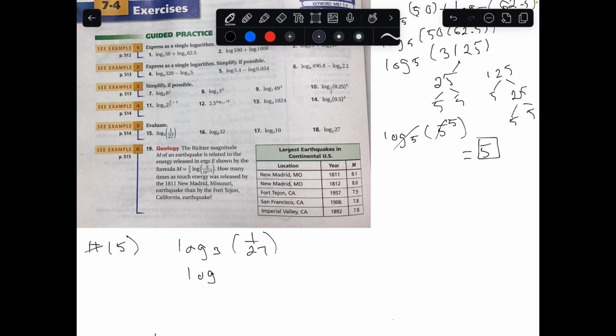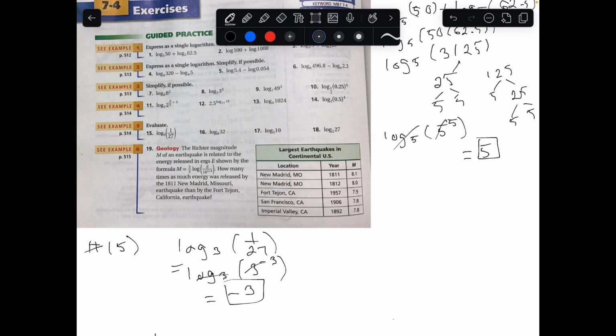But since it's in the denominator, it needs to become negative 3. All right, so it's 3 to the negative 3. The negative will make it flip to the bottom, and 3 to the 3 is 27. So I'll take care of that. And now, of course, it's just straightforward. Log base 3 and the 3 cancel, and you just end up with literally negative 3.